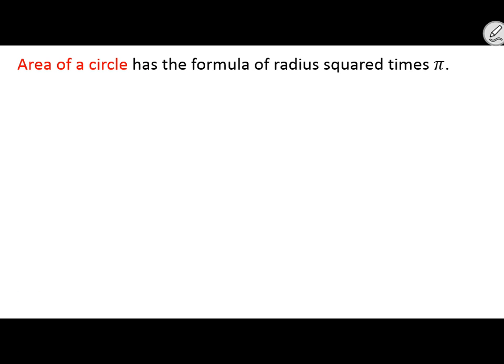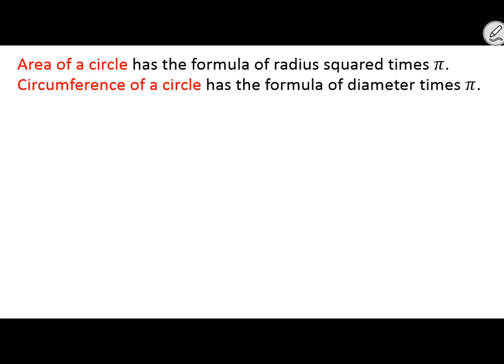But now, let's take a look at a circle. The area of a circle has a formula of radius squared times pi. And then we're going to write circumference of a circle has a formula of diameter times pi. Let me give you guys time to copy that.